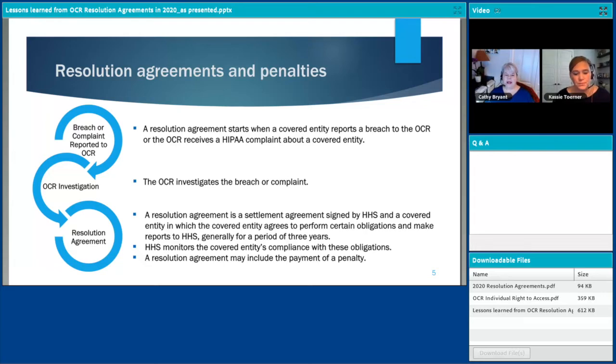I think that this is a good time to also interject our polling question that we asked about when you have to report small breaches. And the correct answer, or the most correct answer, is 60 days after the close of the calendar year. This year, that's March 1st.